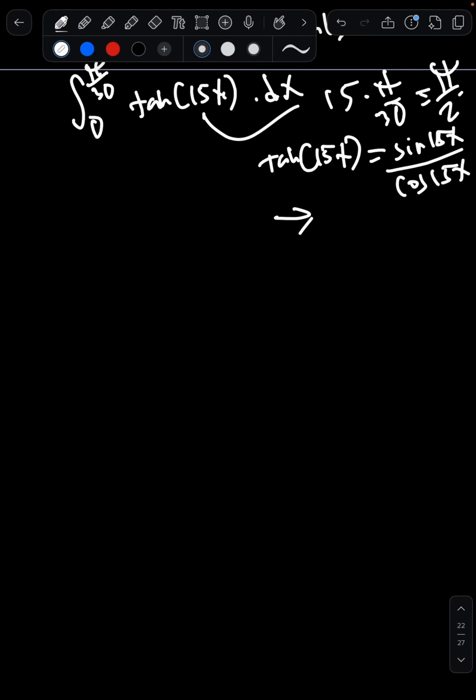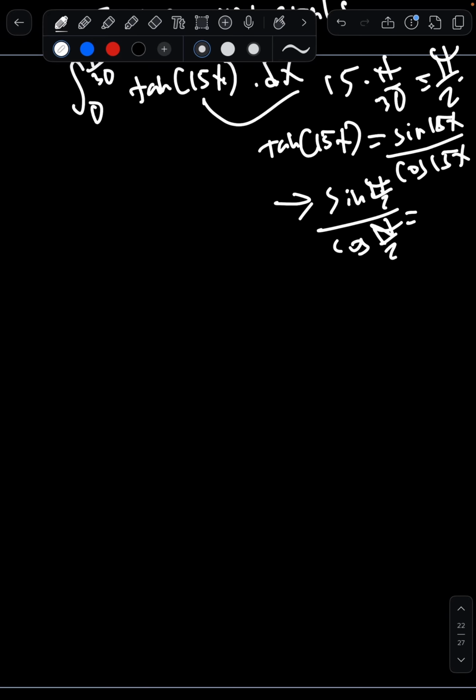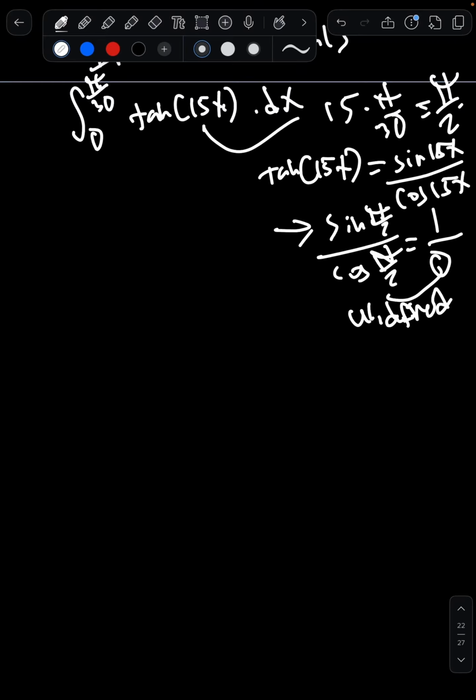Now, if we put in what 15x is, we get sine at pi over 2 divided by cosine at pi over 2. Now, if you know what the unit circle is and you know what pi over 2 is for sine and cosine, you'll know that sine at pi over 2 is 1 and cosine at pi over 2 is 0. This makes an undefined function because we cannot divide by 0.